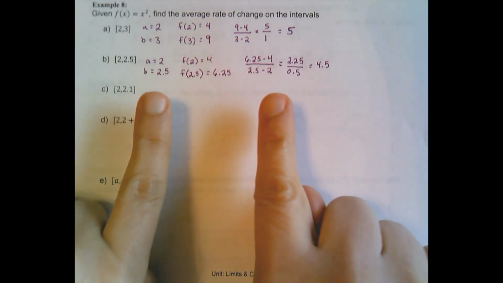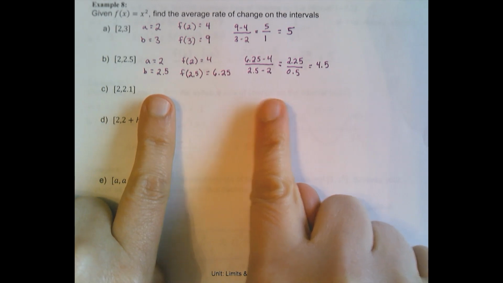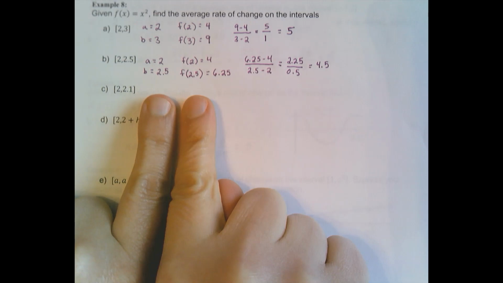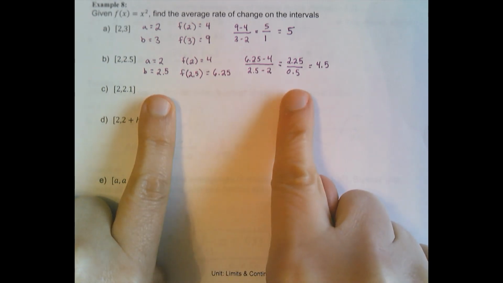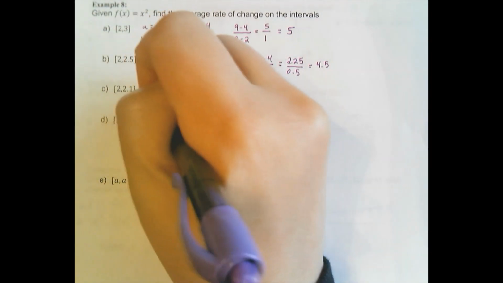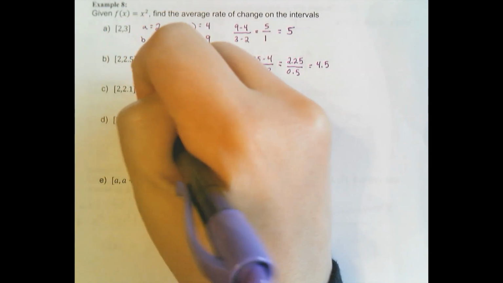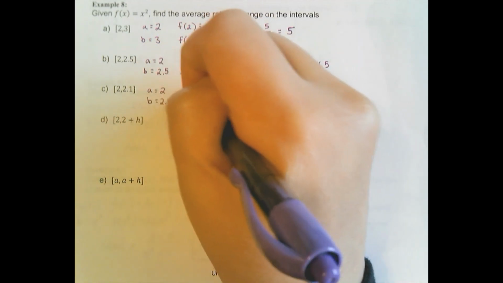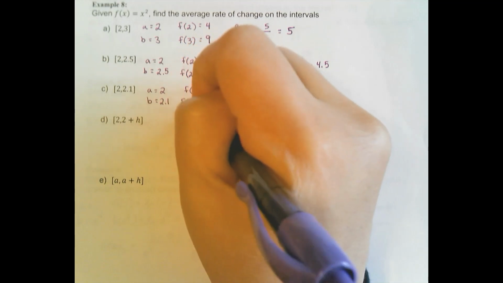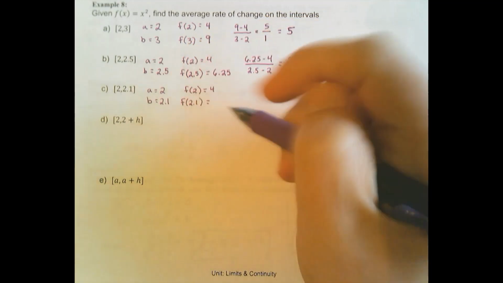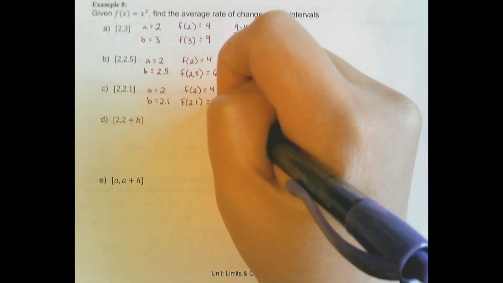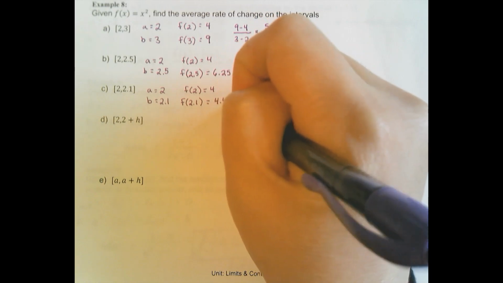Continuing on, we started with an interval going from 2 to 3, and then we went to an interval of 2 to 2.5, and now we're going to a very narrow interval of 2 to 2.1. So our 2 points are slowly approaching one another. So a is 2 in this case, b is 2.1, our f of a is still 4, and our f of b is 2.1 squared, which if we grab our calculators or do it out longhand, we find 2.1 times 2.1 is 4.41.